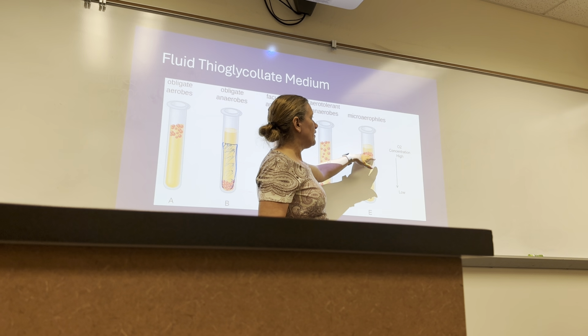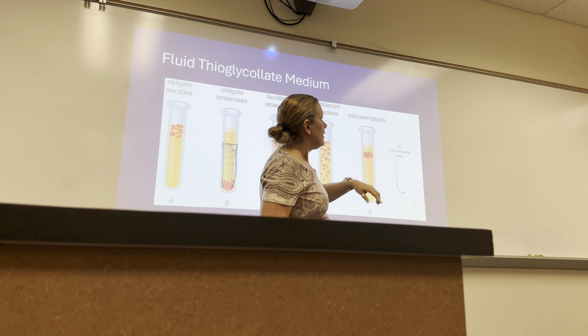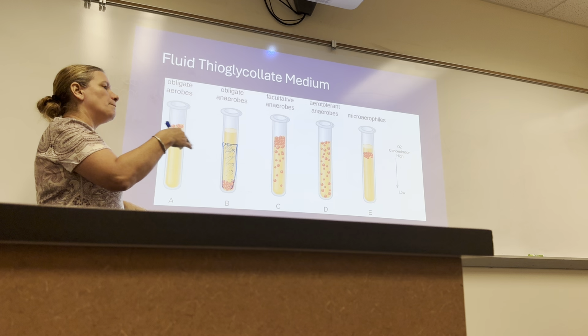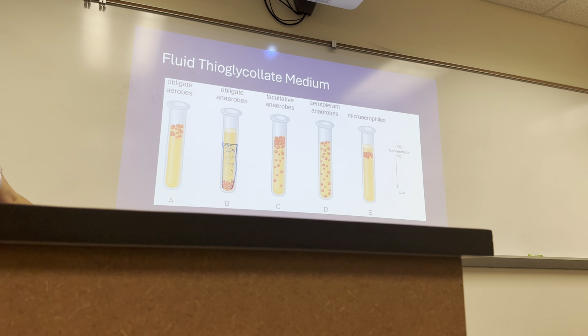Our microaerophiles are going to grow in a band, not at the top, but not at the bottom, because they do require oxygen for metabolism. But they can't tolerate the levels of oxygen that we see atmospherically, which is about 20%. They need to be much lower. Okay, maybe 10%, 2%.